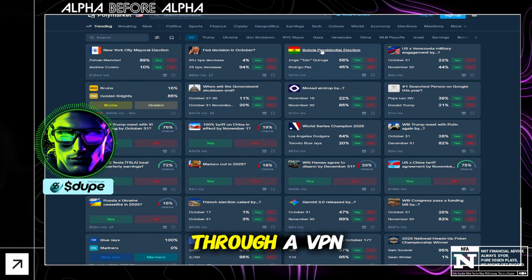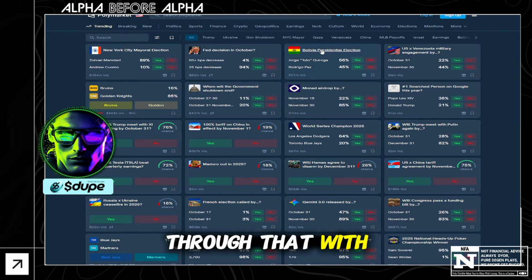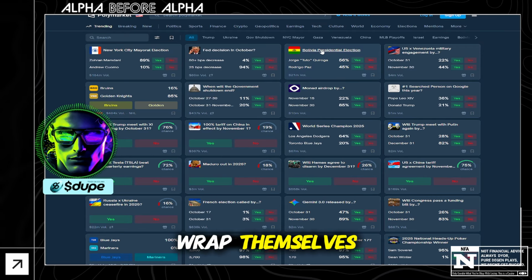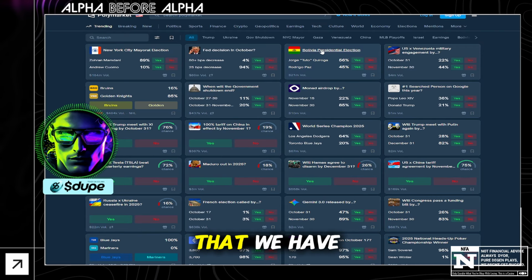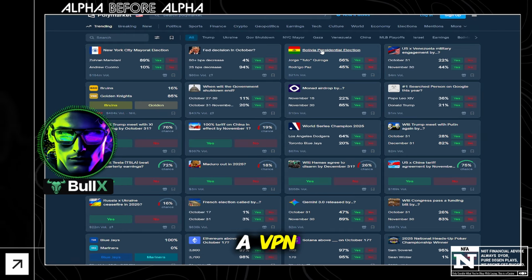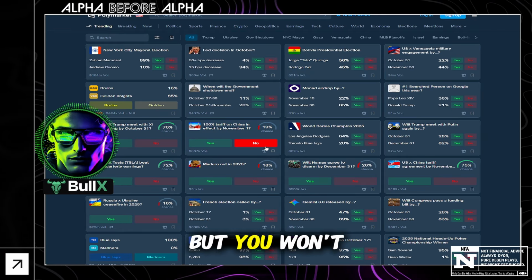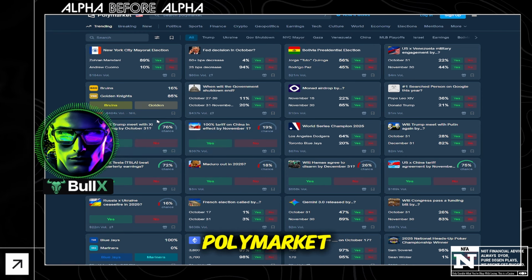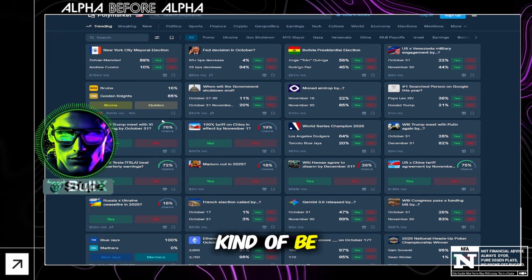They're running it through a VPN and trading with a crypto wallet, and that is how they get around the restrictions we have in the US. If you're a US native and you don't use a VPN, you will be able to register on the site, but you won't be able to add money into your wallet or trade within Polymarket. That's going to be the biggest difference.